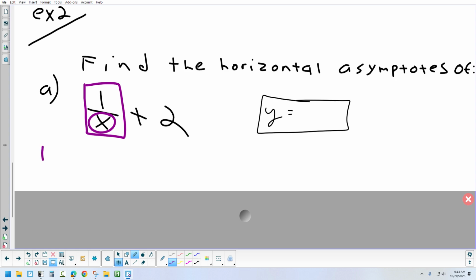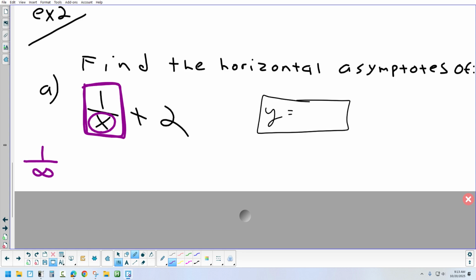So think of this: 1 over infinity. If it's confusing to think of infinity, just let infinity be like 100 million. Huge number. If you take 1 and you divide it by something that's huge, what happens? Yep. It gets really, really small. So what's in this box is going to start to get really, really, really small as x gets really, really big.